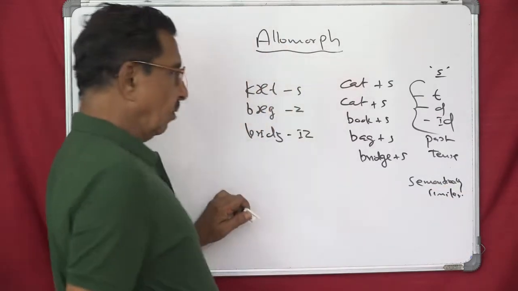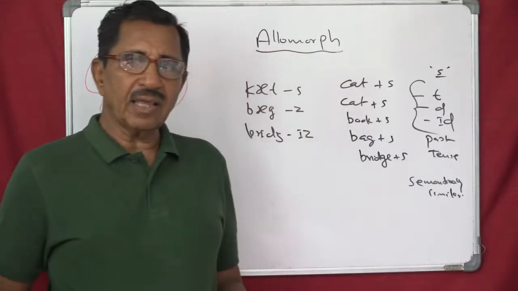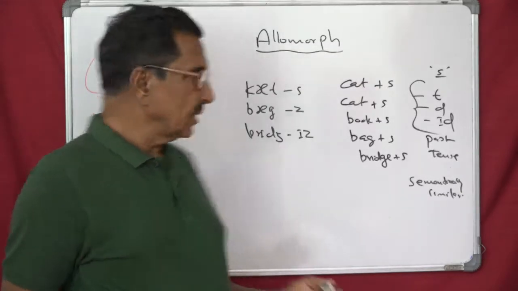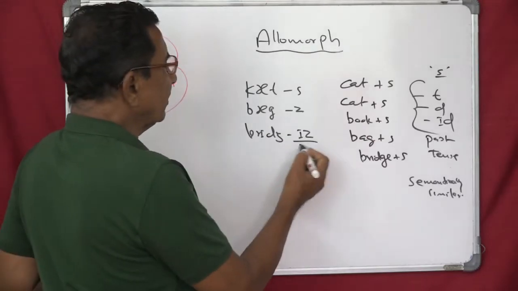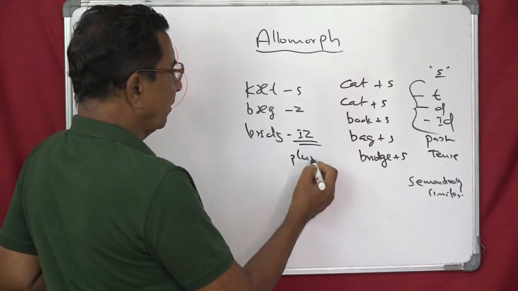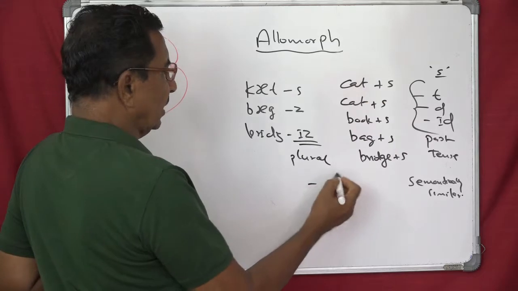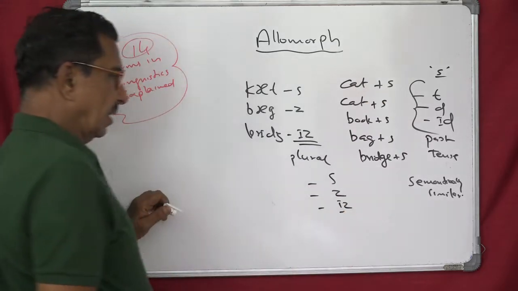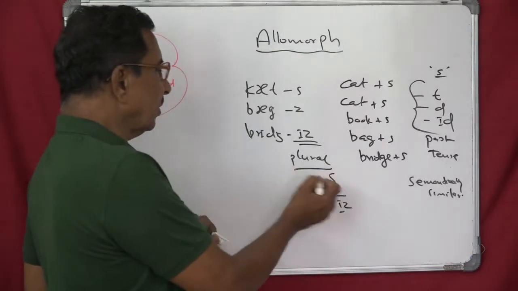What is their semantic similarity? They are all past tense, but they are realized in three different forms. Just like this, what is the semantic similarity here? Plural. How is it realized? One is s, the other is z, and the other is iz. So the plural morpheme has three forms.